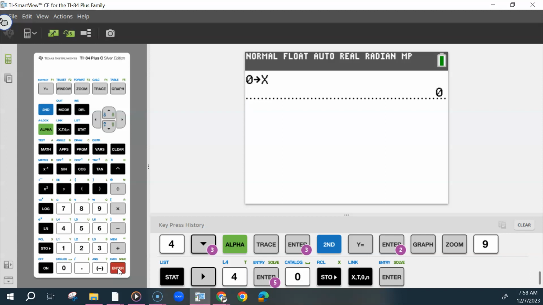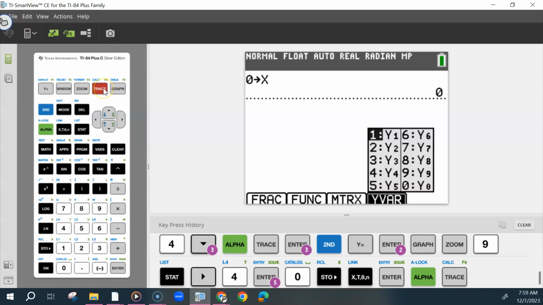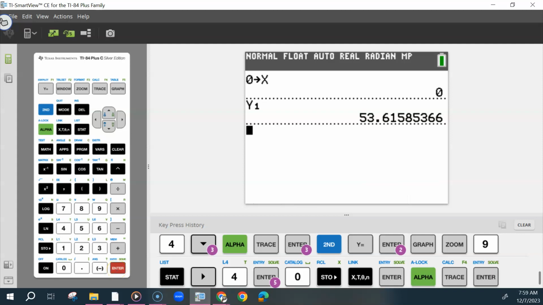It won't look like anything happened, but we have to go back and grab our equation where we stored it. So go back and hit alpha trace. And then wherever you stored it, which is most likely number 1, hit 1 or enter, and then enter again. And what it did was took 0, put it into your equation, and evaluated it for you, solved it for you to get your final answer.